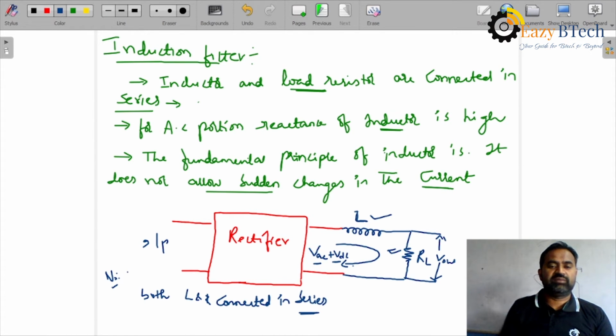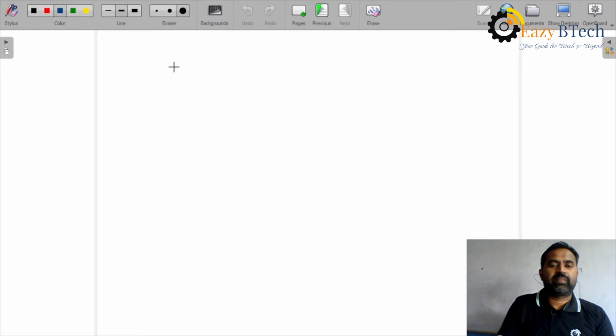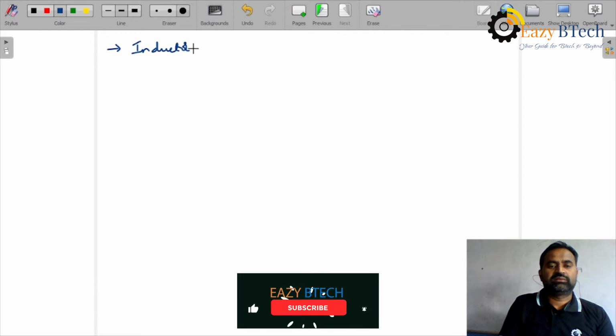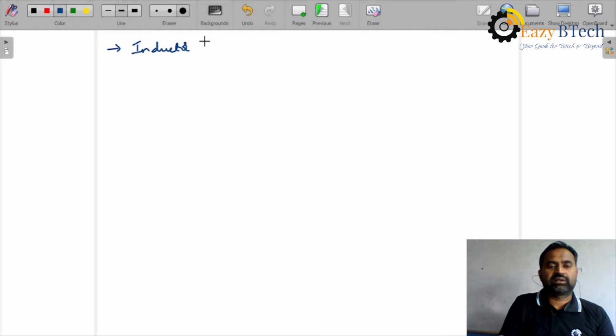Now what you can see, the inductor blocks the AC portion and allows the DC portion.